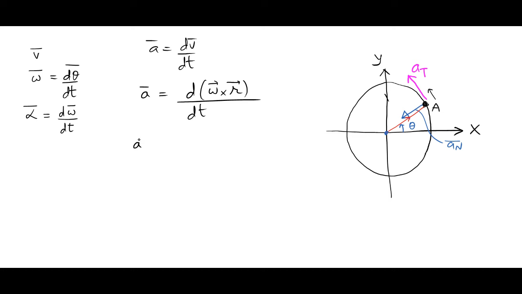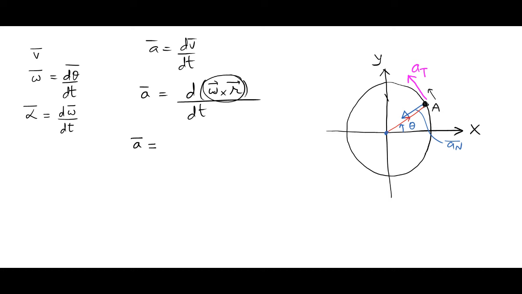And now we use our rules of derivatives, and I must have discussed this in class, where omega bar cross r bar is itself a function of time, and this new function of time, you want to find how fast it changes with respect to time. That's the meaning of this derivative. So you must maintain the sequence of the terms when you expand this derivative.